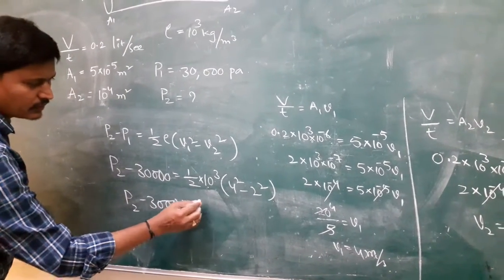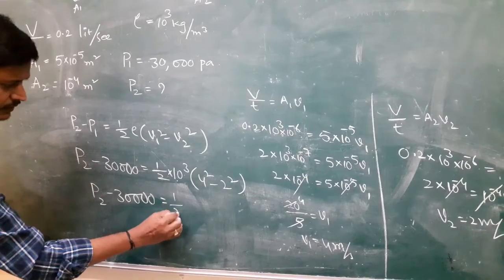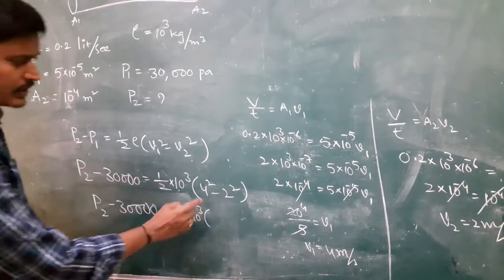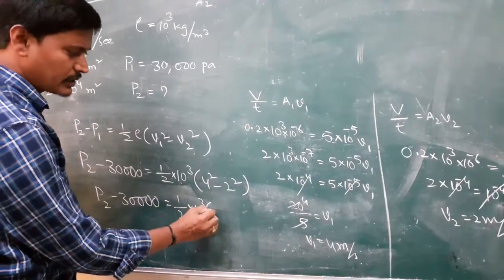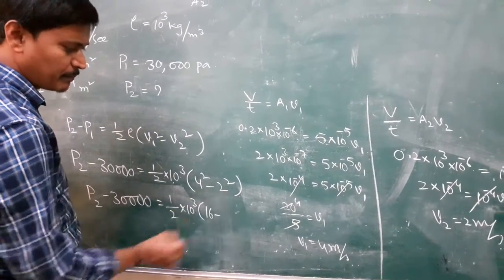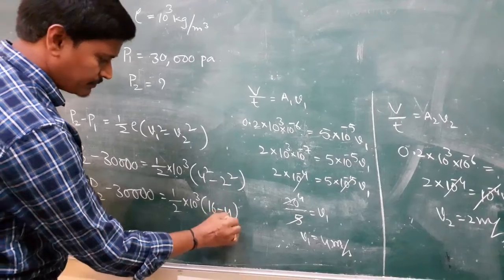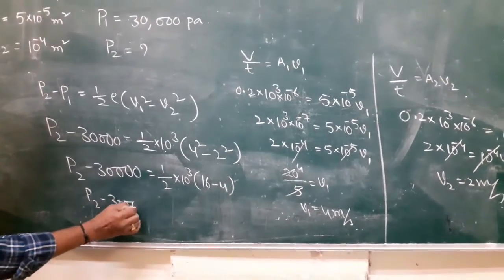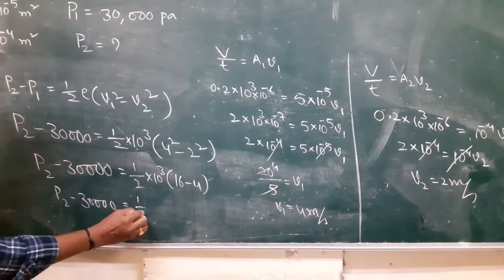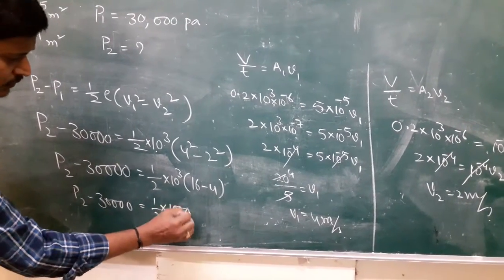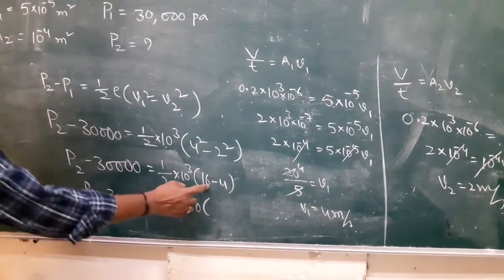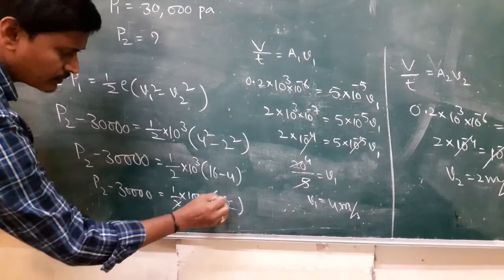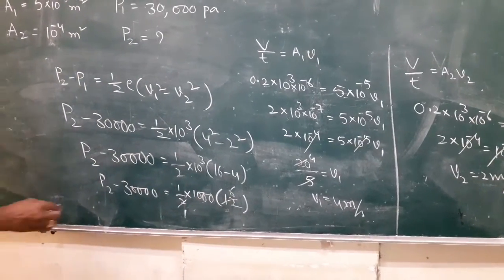P2 minus 30,000 is equal to 1 by 2 into 10 power of 3 into 4 squared is 16 minus 4, that is equal to P2 minus 30,000, that is equal to 1 by 2 into 1000 into 12, half of 12 is 6, that is 6000.